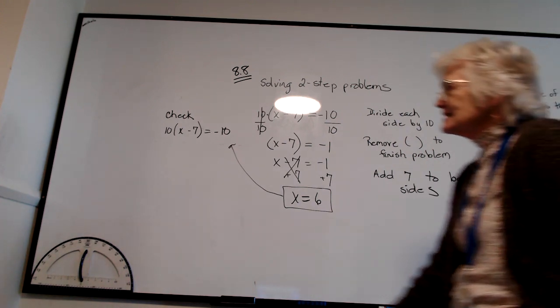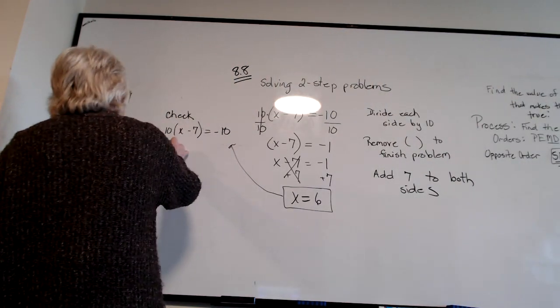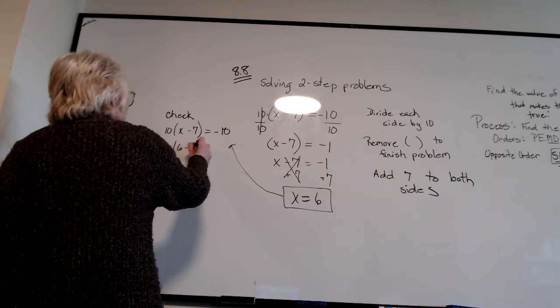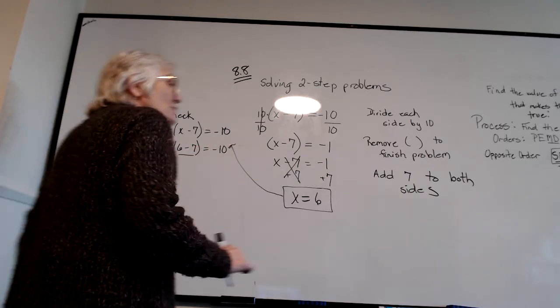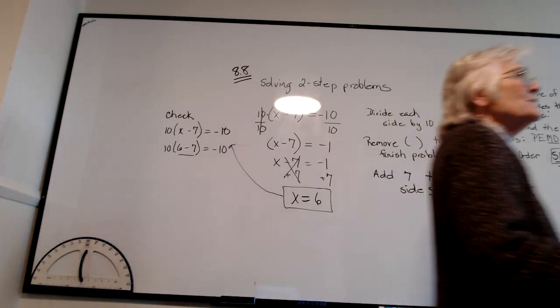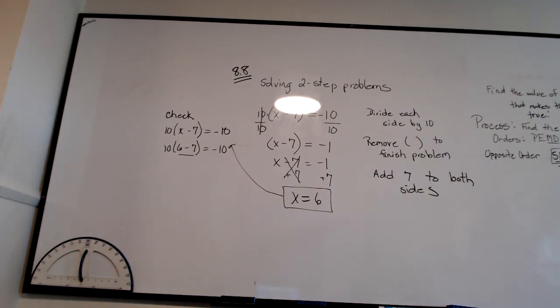So we get 10 times 6 minus 7 equals negative 10. Again, remember, to solve this, we do it in order of operations. We're going to do inside the parentheses first, because we're simplifying it. We're not undoing now. We are just going forward, so we use the order of operations.